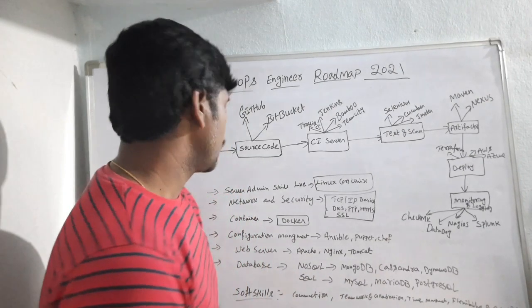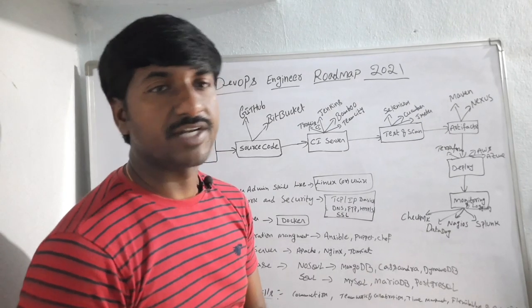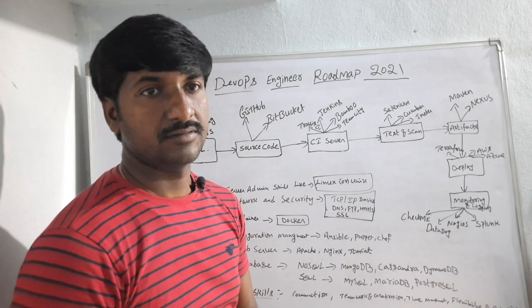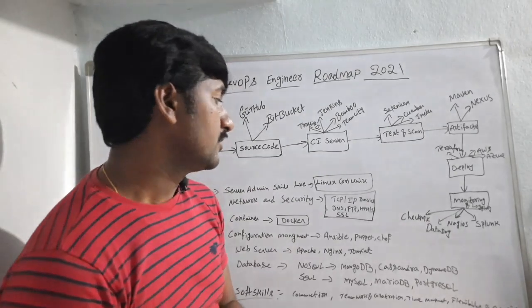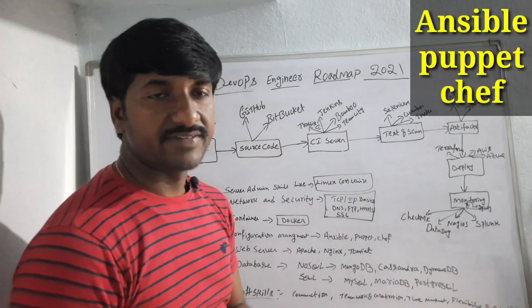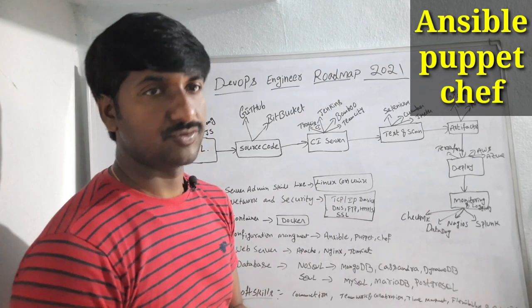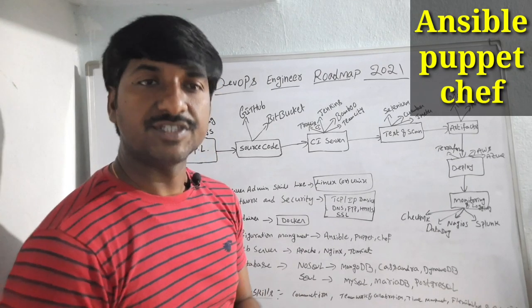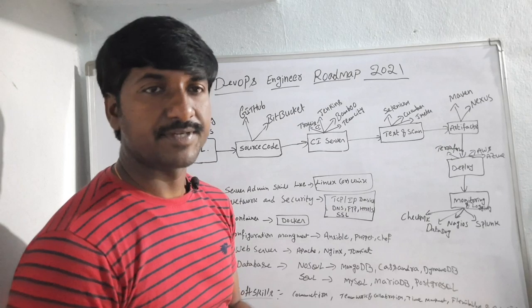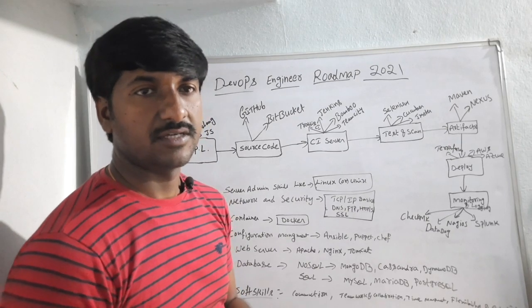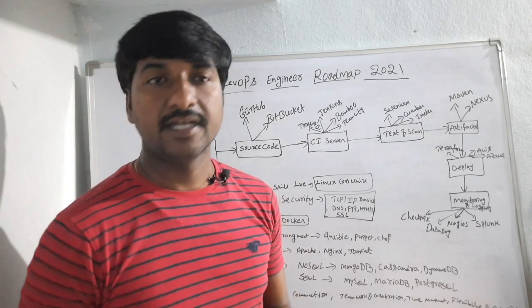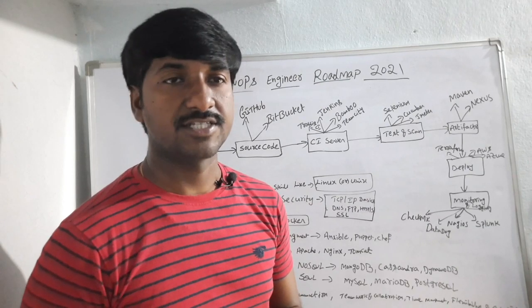You must also have knowledge of a configuration management tool like Ansible, Puppet, or Chef. As a DevOps engineer, you must be strong in any one of the configuration management tools: Ansible, Chef, or Puppet. Also, you should have experience with web servers like Apache or Tomcat, and experience with database concepts as well.